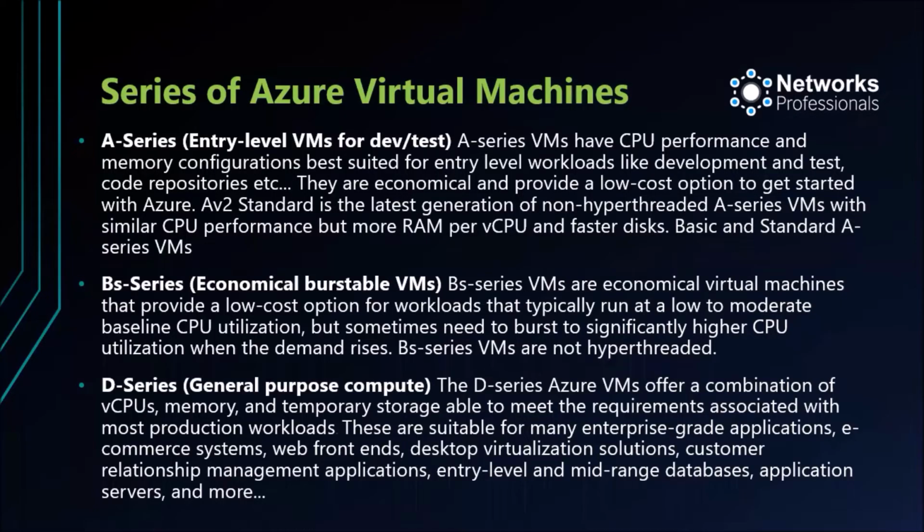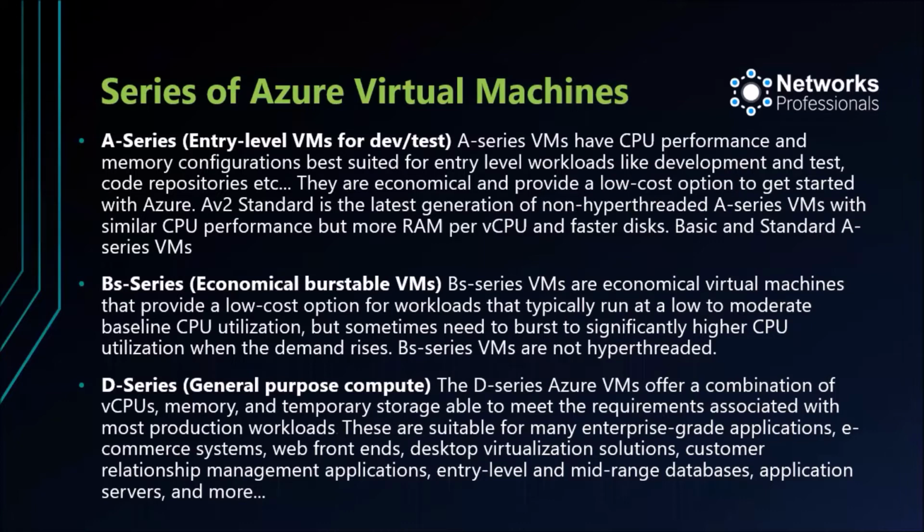So let's have a brief description about the series of Azure virtual machines. A series, entry-level VMs for development and testing purpose. A series virtual machines have CPU performance and memory configurations best suited for entry-level workloads like development and test, code repositories, etc. They are economical and provide a low-cost option to get started with Azure.